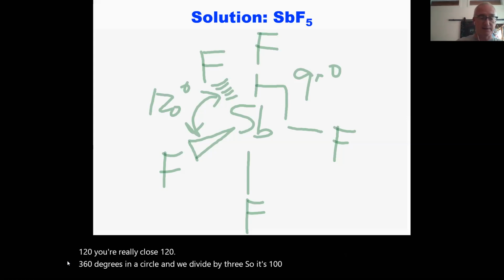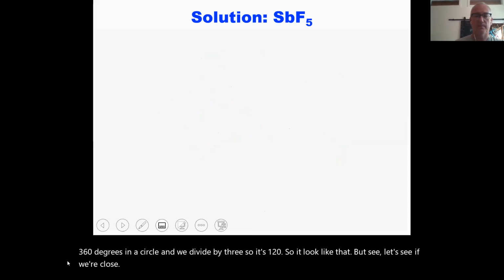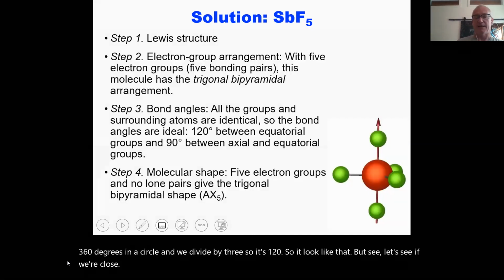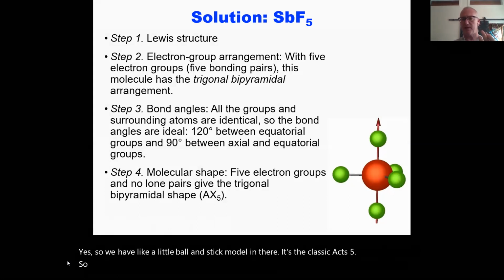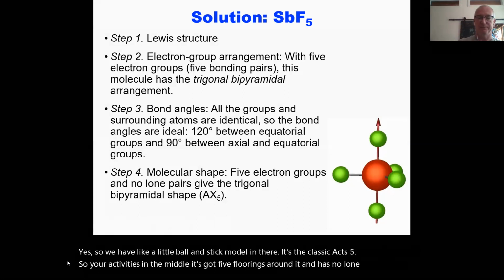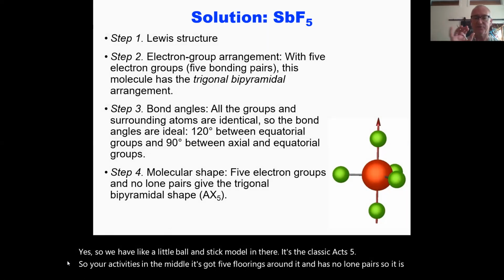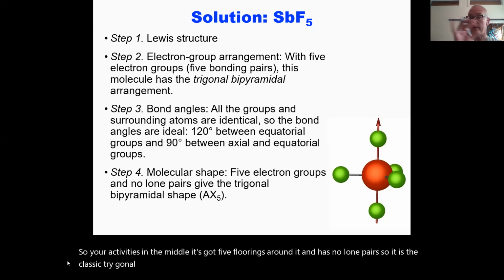Let's see if we're close. Yes. We have a little ball and stick model in there. So it's the classic AX5. Your antimony's in the middle, it's got 5 fluorines around it and has no lone pairs. So it is the classic trigonal bipyramidal shape, and all of the angles would be ideal, 90 and 120.